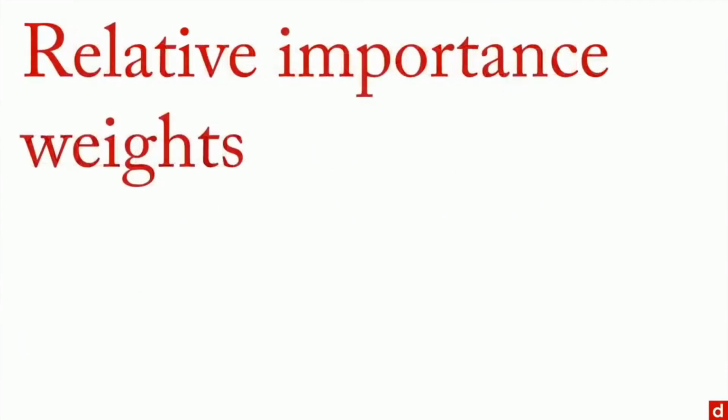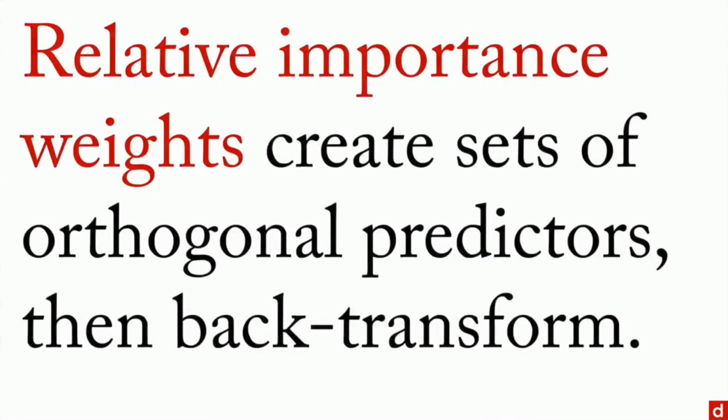And then there's also something that's even more recent than these others called relative importance weights. And what this does is it creates a set of predictors that are orthogonal or uncorrelated with each other, basing them off of the originals. And then it predicts the scores, and then it can predict the outcome without the multicollinearity because these new predictors are uncorrelated. It then rescales the coefficients back to the original variables.